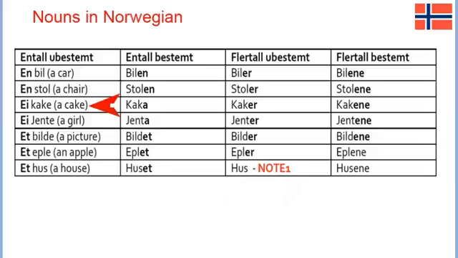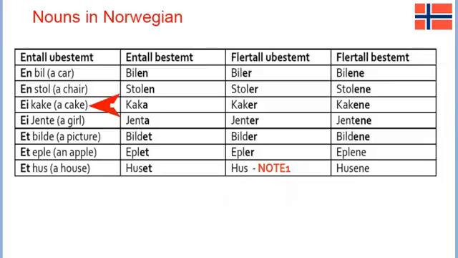So there's a close connection between male and female nouns, and later you will see with adjectives in later videos that you conjugate the adjective similarly, whether it's male or female, it doesn't make a difference. But we can go through it.